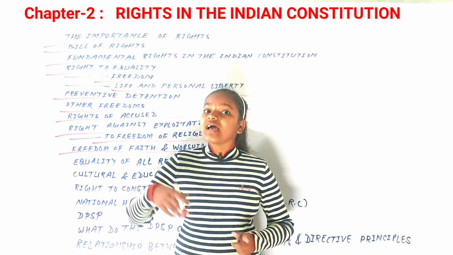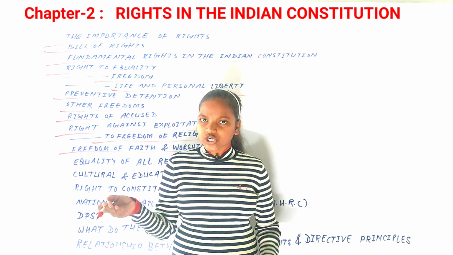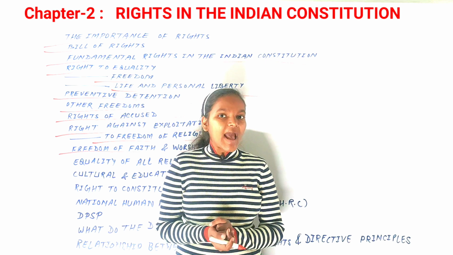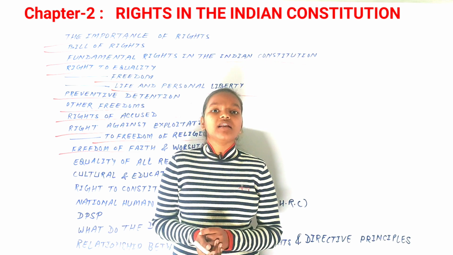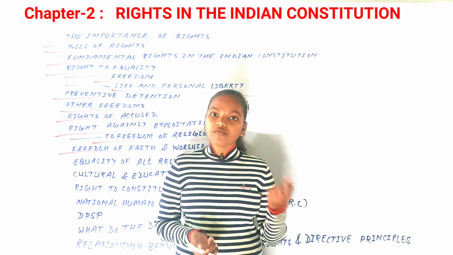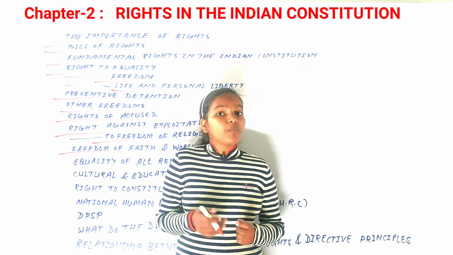Still, you cannot make another person convert by forceful actions. So that is the freedom of faith and worship that we have got. We have a lot of freedom of faith because you are following your religion without being interfered with, without being bothered.